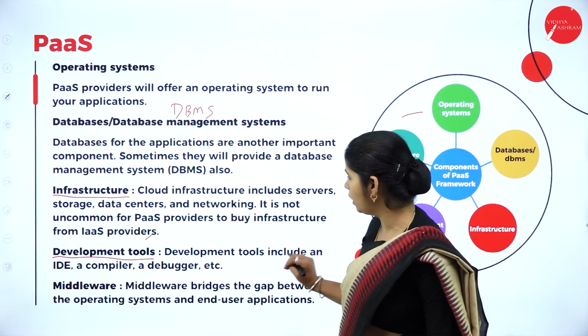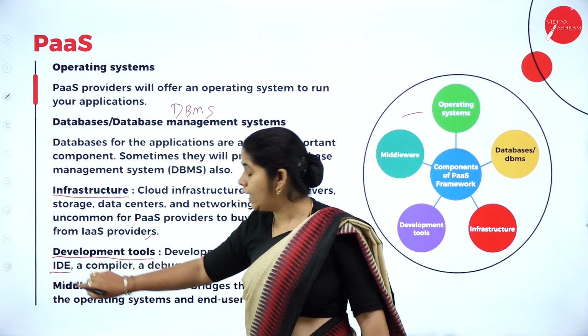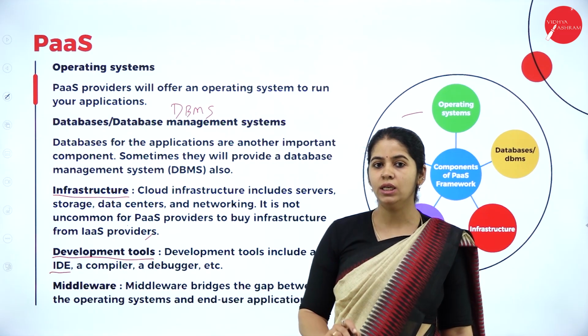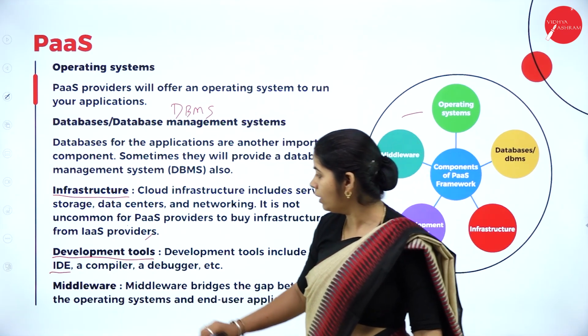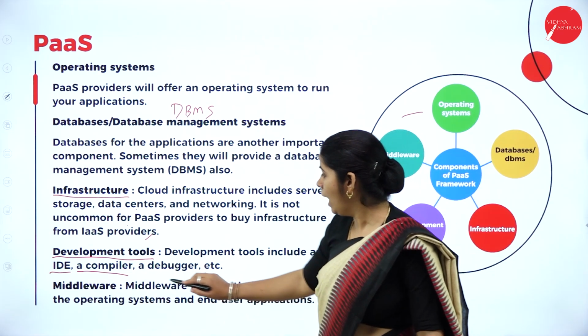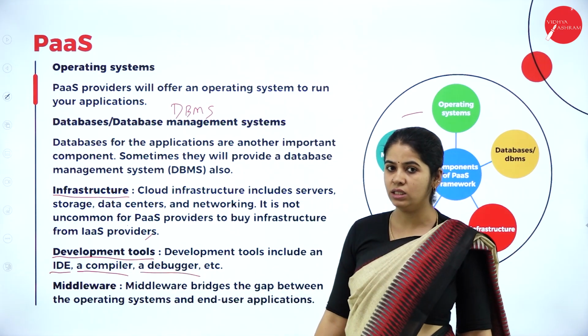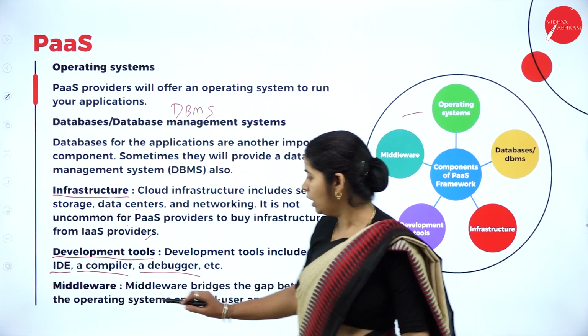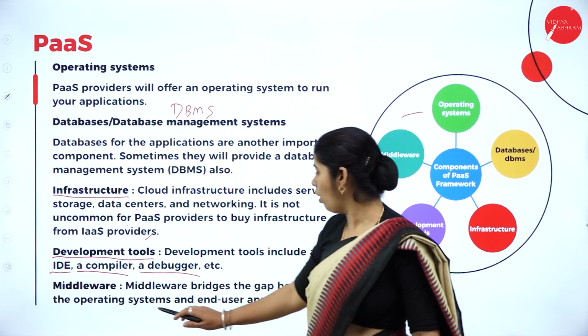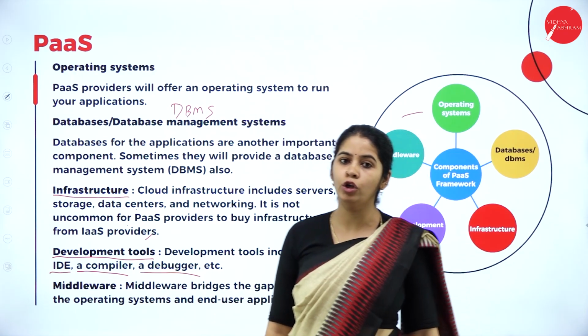The development tools include an IDE, Integrated Development Environment. IDE stands for what? Integrated Development Environment. A compiler, it will provide you the compiler as a development tool. It will provide you the debugger as a development tool. Then it will provide the middleware. Middleware bridges the gap between the operating system and the end user.